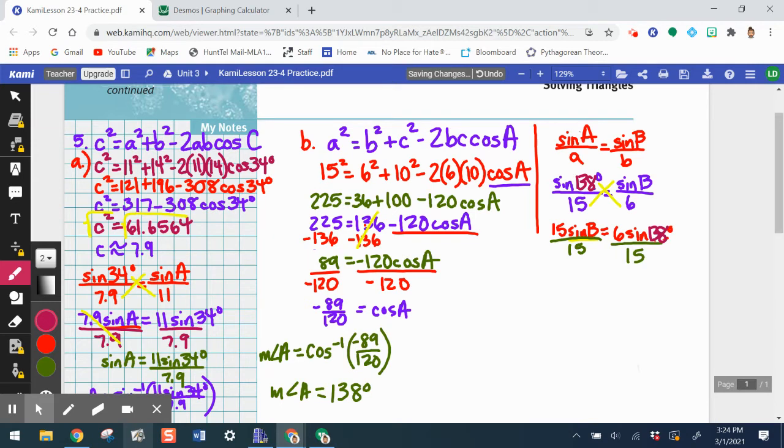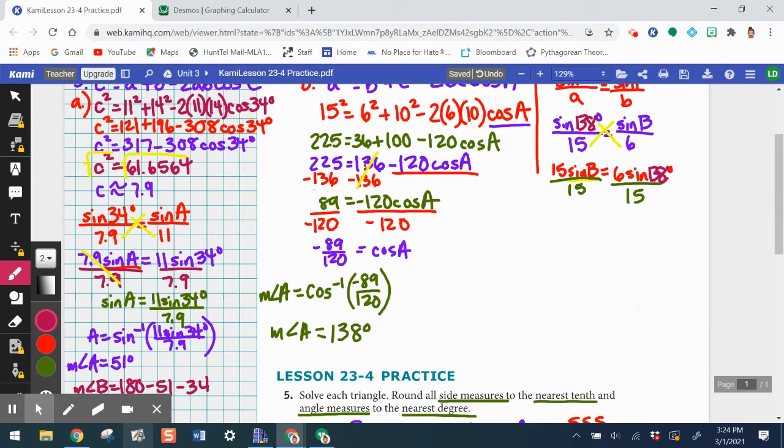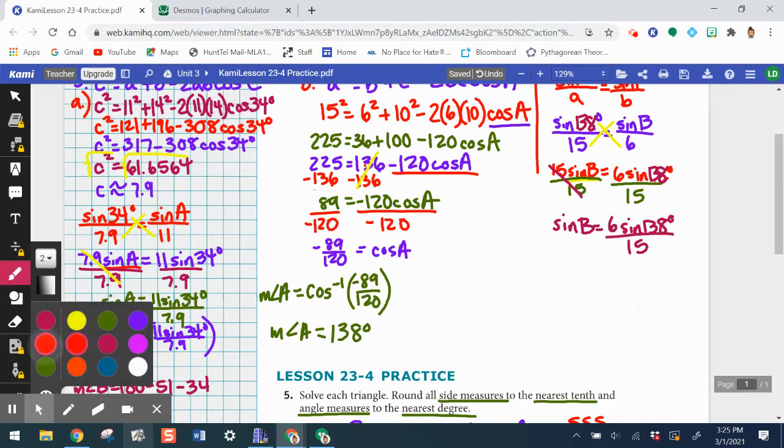So now we're going to divide both sides. Of course, that will cancel. The sine of B is equal to 6 times the sine of 138 degrees, now that we fixed that, over 15. So again, to find the measure of angle B, we're going to use the sine inverse.